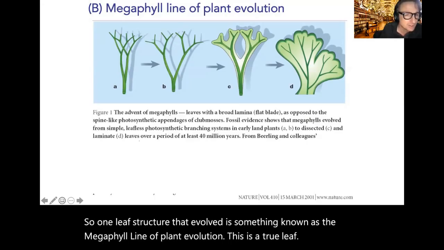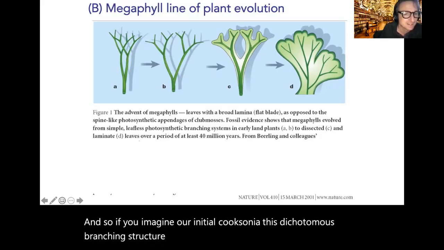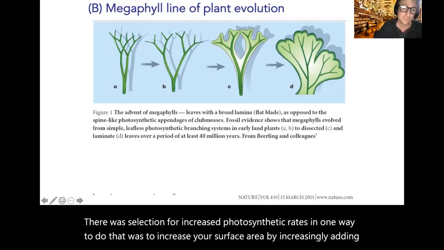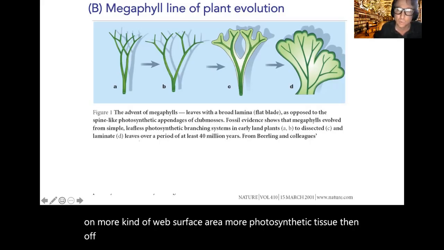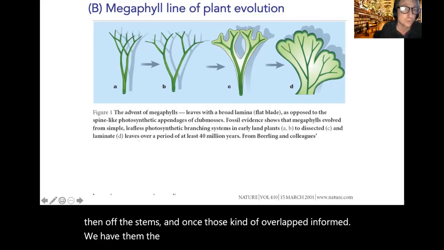If you imagine our initial Cooksonia, this dichotomous branching structure with green photosynthetic stems, there was selection for increased photosynthetic rates. One way to do that was to increase your surface area by increasingly adding more webbed surface area, more photosynthetic tissue, off the stems. And once those overlapped and formed, we have the evolution of what we know as a true leaf, or a megaphyll.